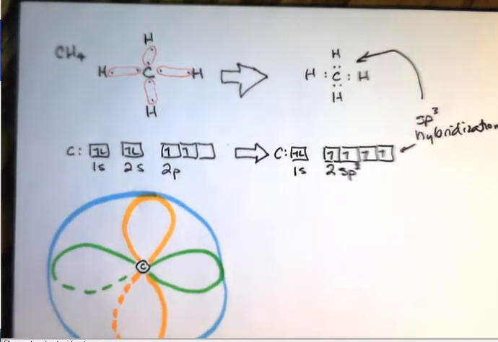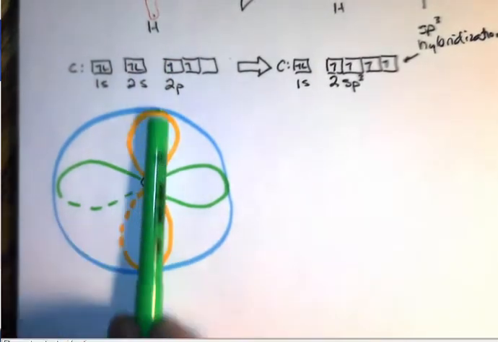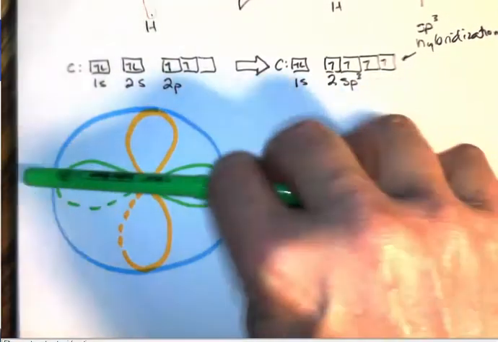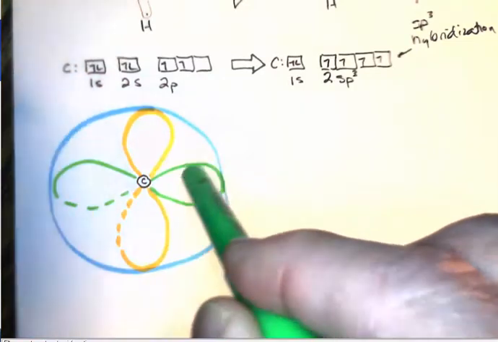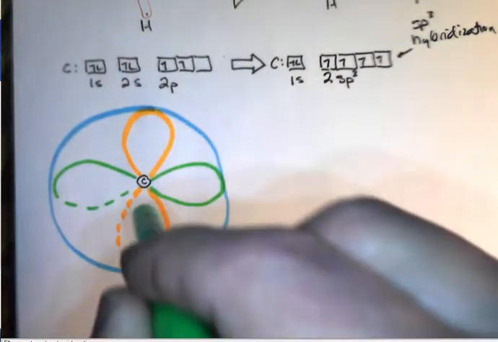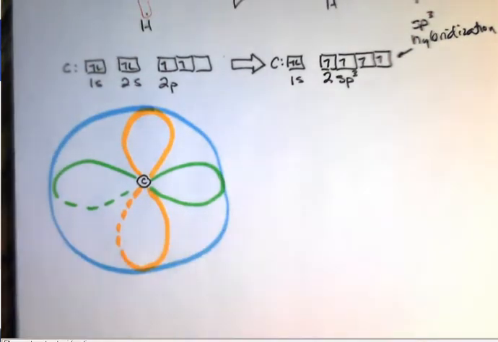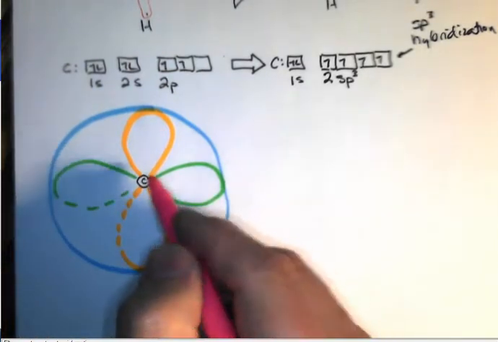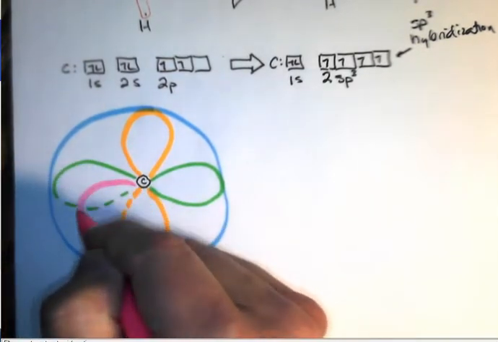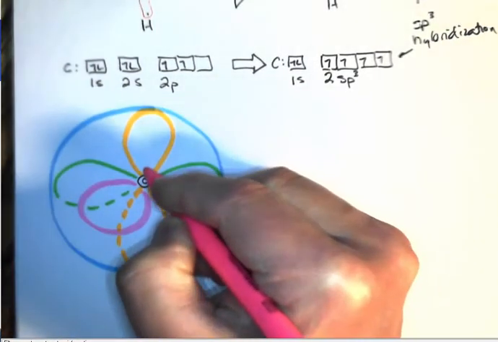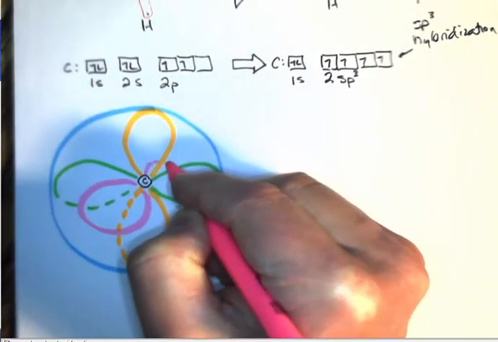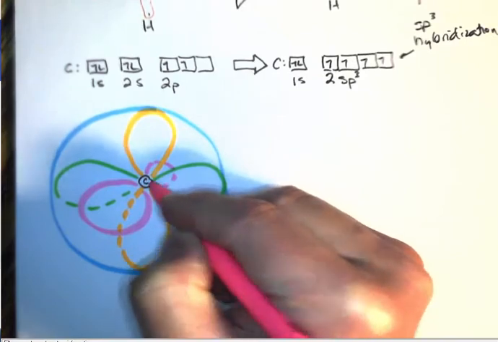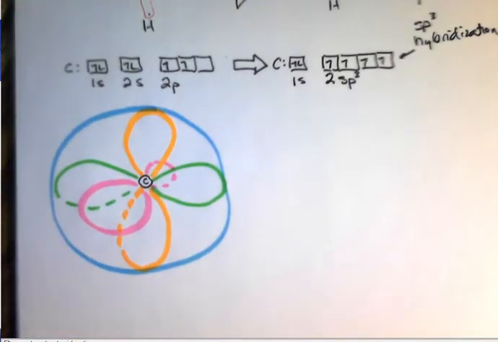So one double balloon set going like this, one double balloon set going like this, and the last double balloon set has to go through the whole thing, up above the paper and down below it. So we need to draw one of these antinodes as if it's coming out toward you, and one antinode as if it's going back behind.